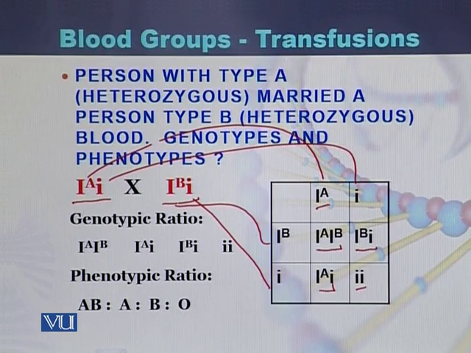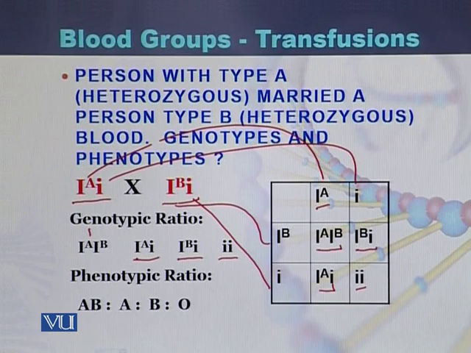So the genotypic ratio will be 1:1:1:1. One will be blood group AB, which is heterozygous, a blood group with allele A and allele O, a blood group with allele B and allele O, and a blood group with allele O and O. So there will be a 1:1 ratio between all four genotypes.